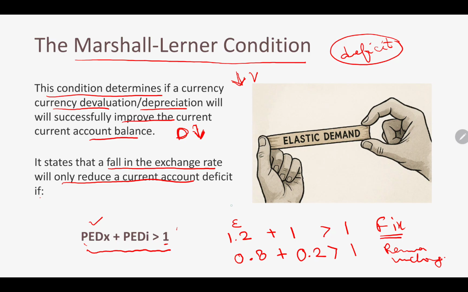Whereas if both are inelastic, for example 0.3 and 0.2, the sum is less than 1, not greater than 1, so it will increase the deficit. It will not fix the deficit.